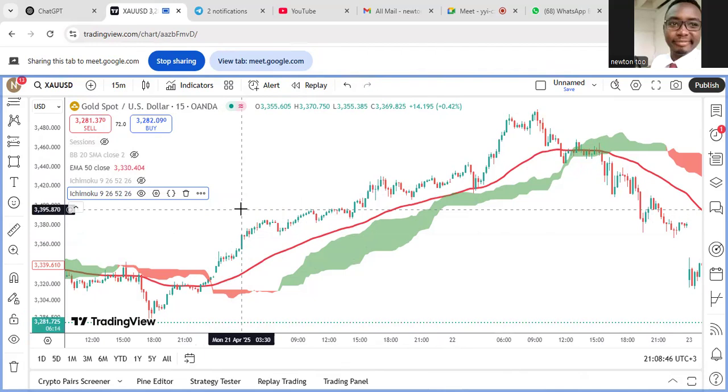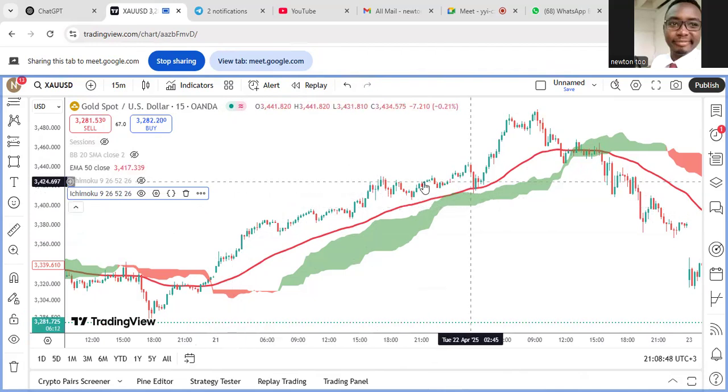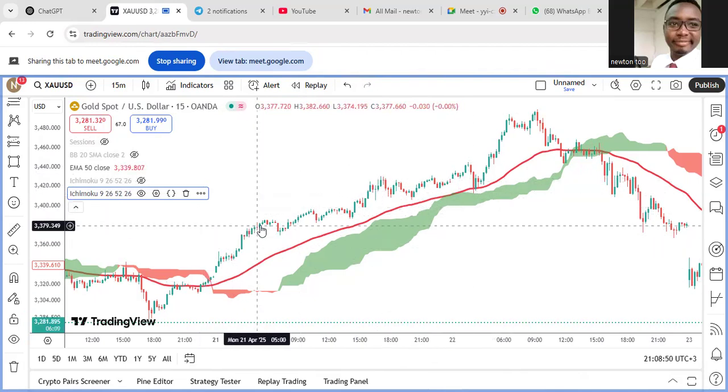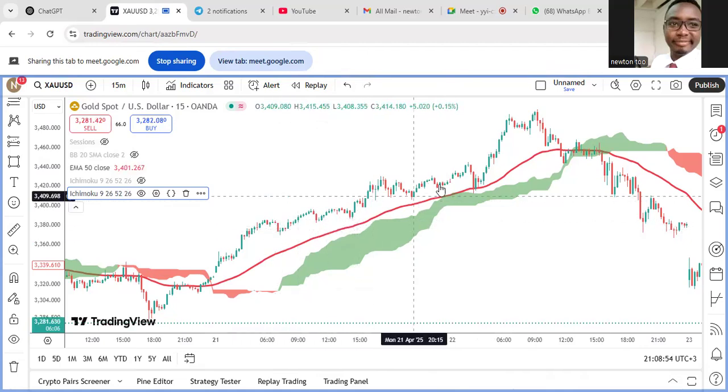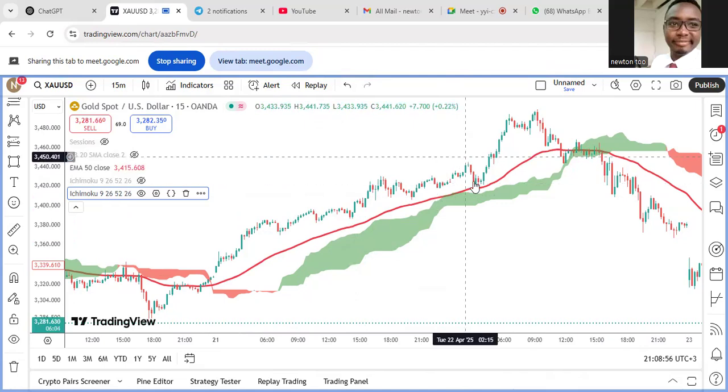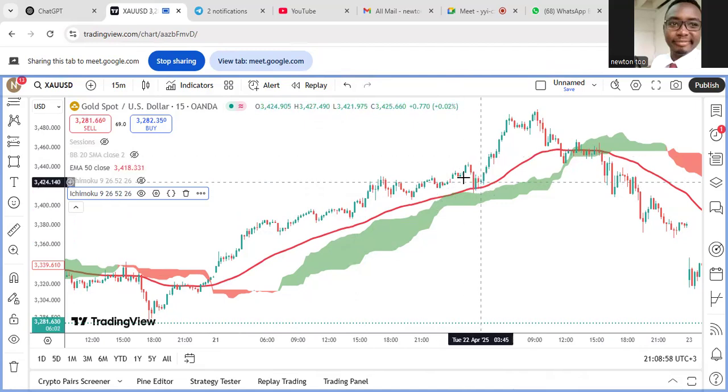That's when you're going to enter. So here you can see the market broke above the cloud. Here, no entry, no entry, no entry, no entry. Then boom, it bounces off the 50 EMA. Now that one is your entry buy. See? Now that one is your entry buy. So you would come there and enter buy.